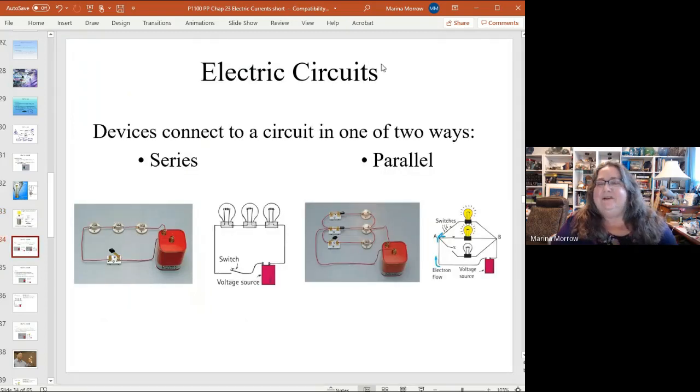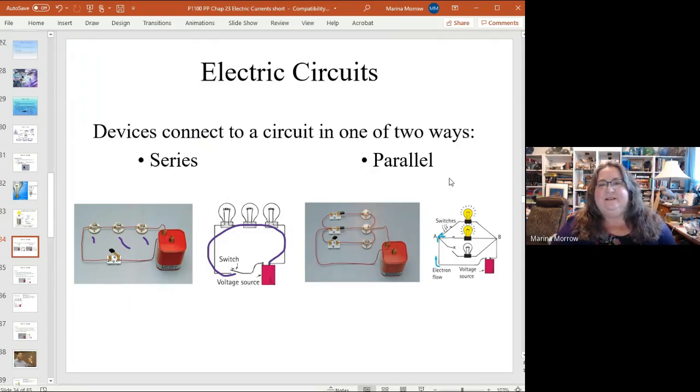Okay, let's look at some different kinds of circuits. So you need to be able to handle a series circuit and parallel circuits. A series circuit has, for instance, 3 light bulbs in a row. Okay, and there's only one wire through the whole thing, one loop.